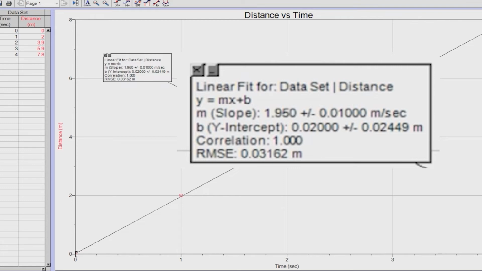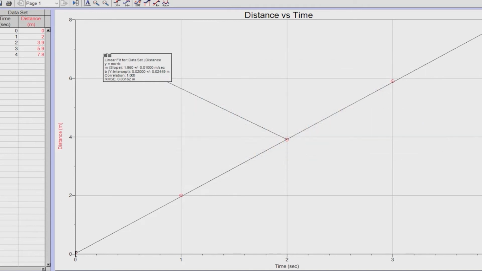And the plus or minus on the slope, which is the velocity, gives you plus or minus 0.010, which means if we look at the slope 1.950, that's accurate to plus or minus 0.010 meters per second, which is 0.5%, basically. So that's pretty accurate.